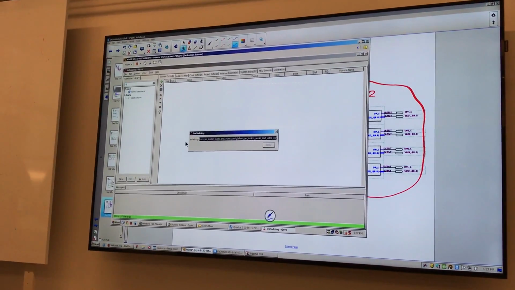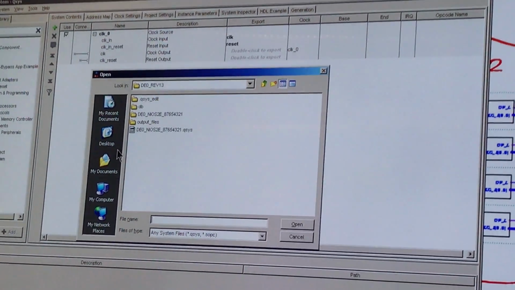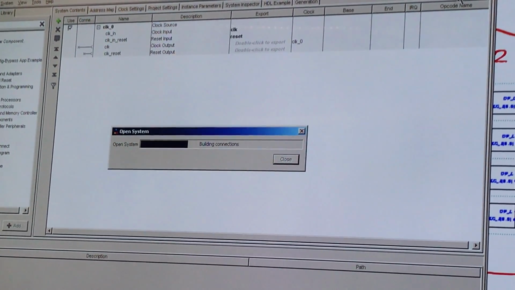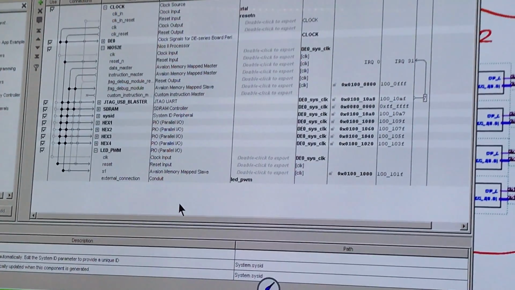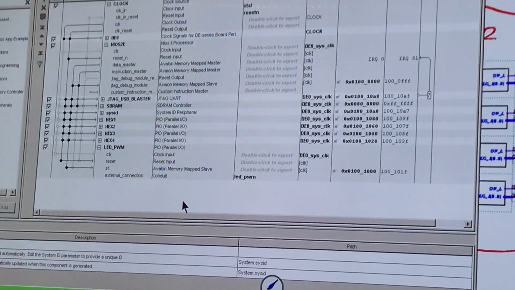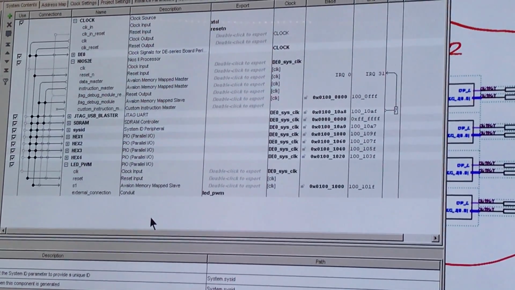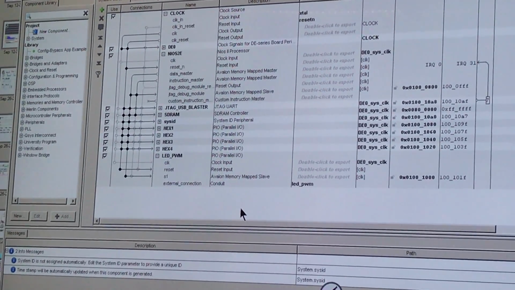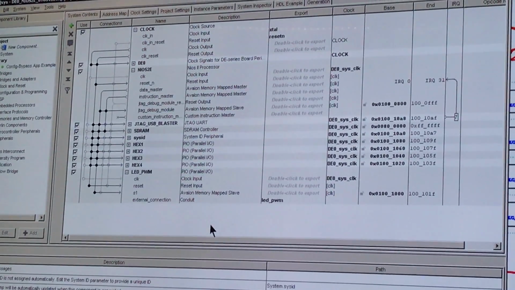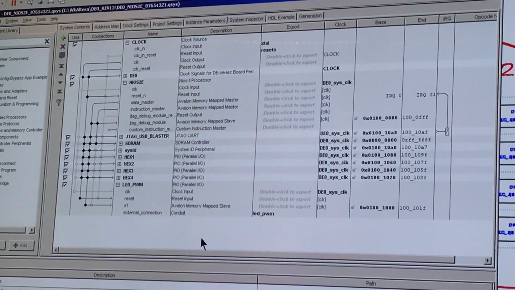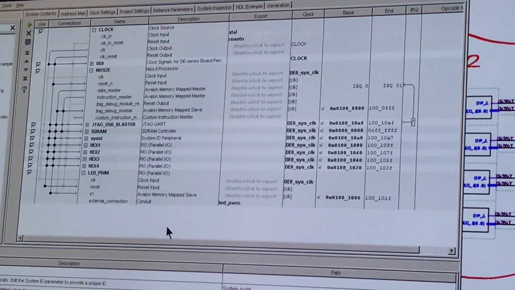So what we do first? Did you just add LED PWM? Yeah. LED PWM. From where? From here.